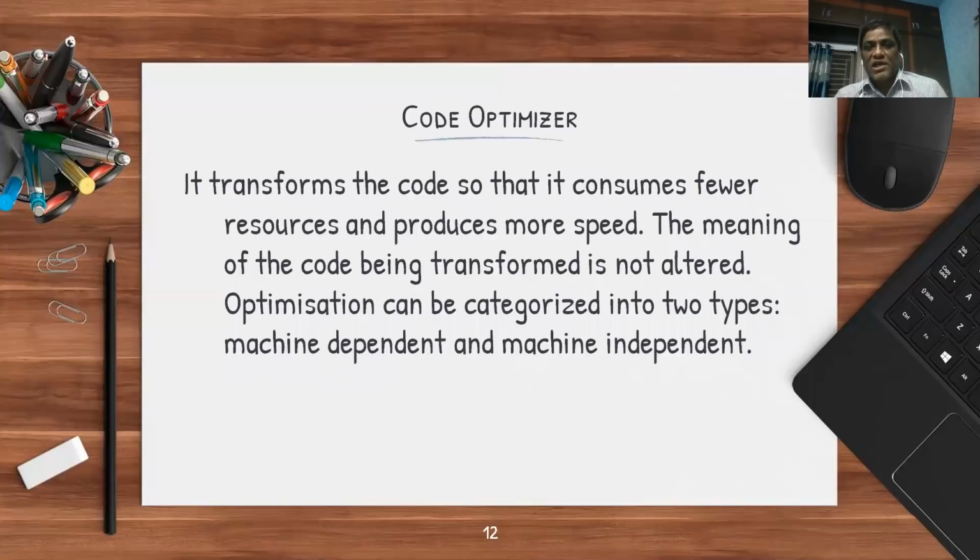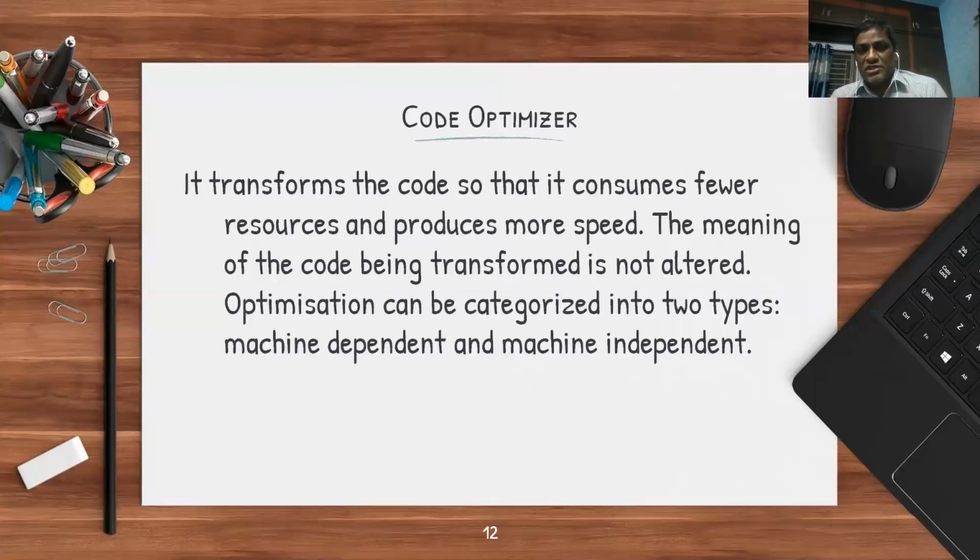That means optimization means execution speed will be good, right? So this phase is responsible for changing that code in such a way that the overall utilization of resources such as energy, CPU consumption, and so on, many aspects are there for optimization.